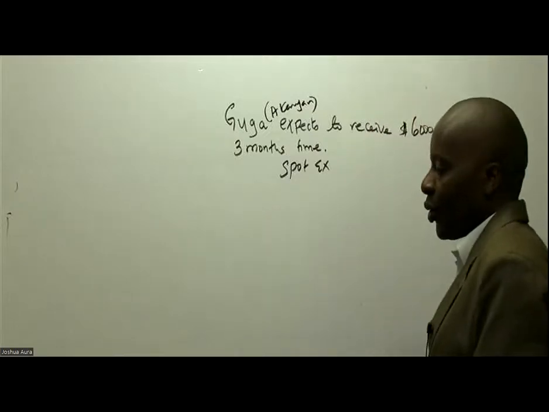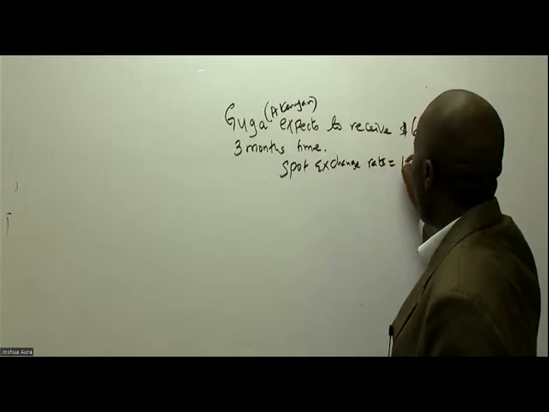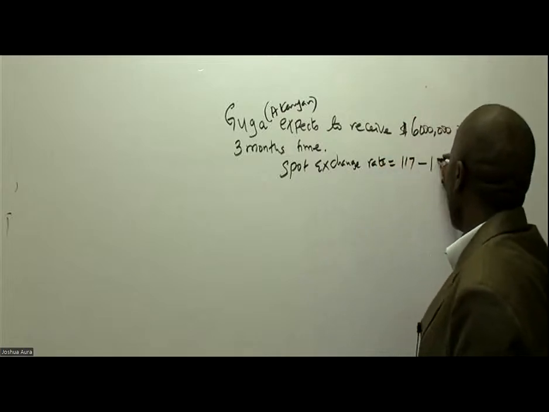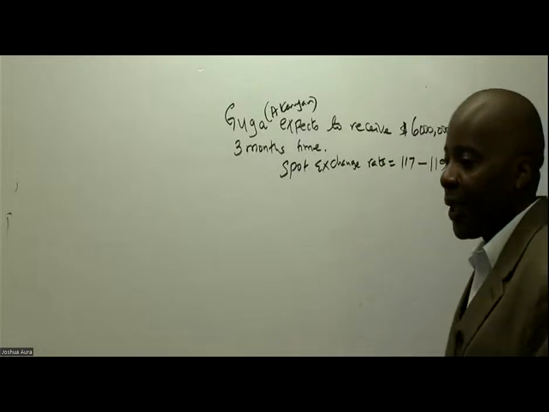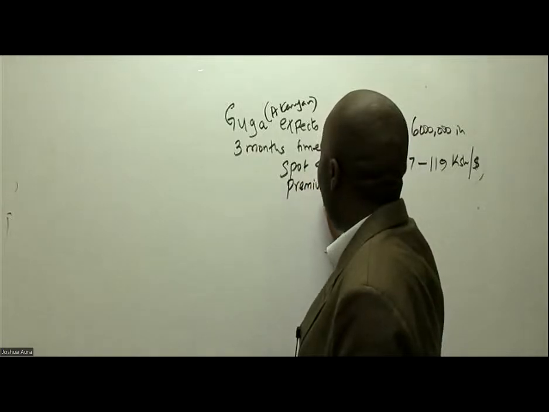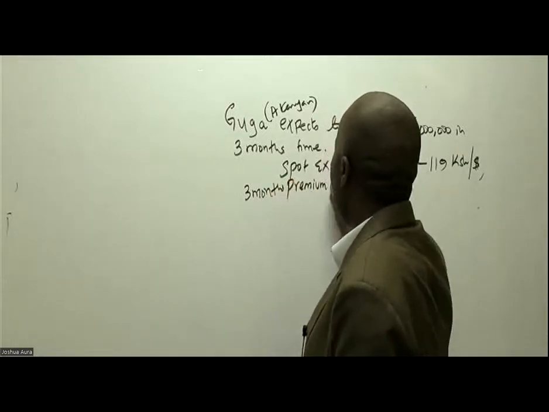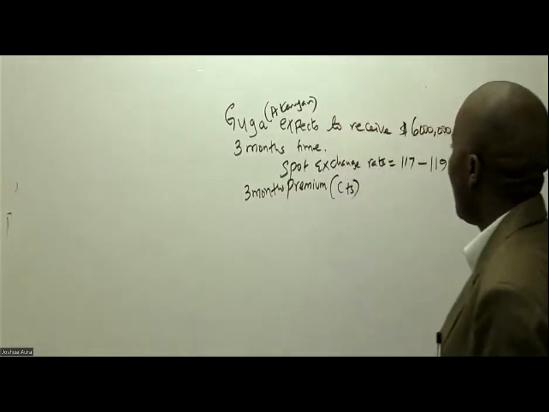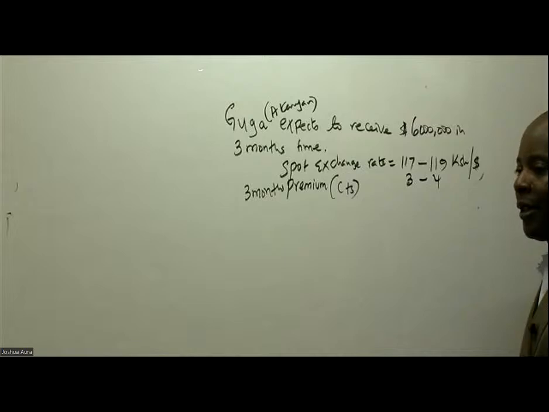The spot exchange rate is 117 to 119 Kenyan shillings per dollar. Then they'll give us the 3 months premium in cents, 3 to 4.